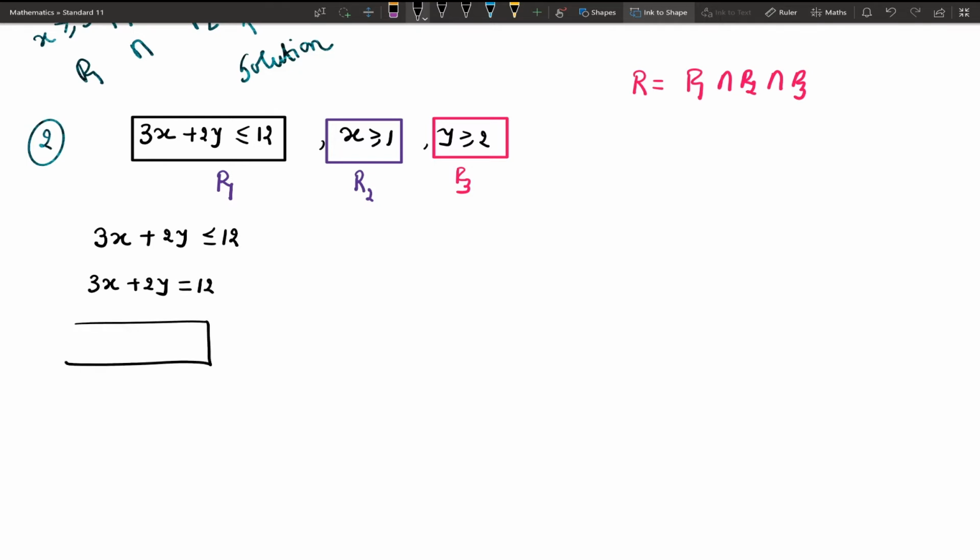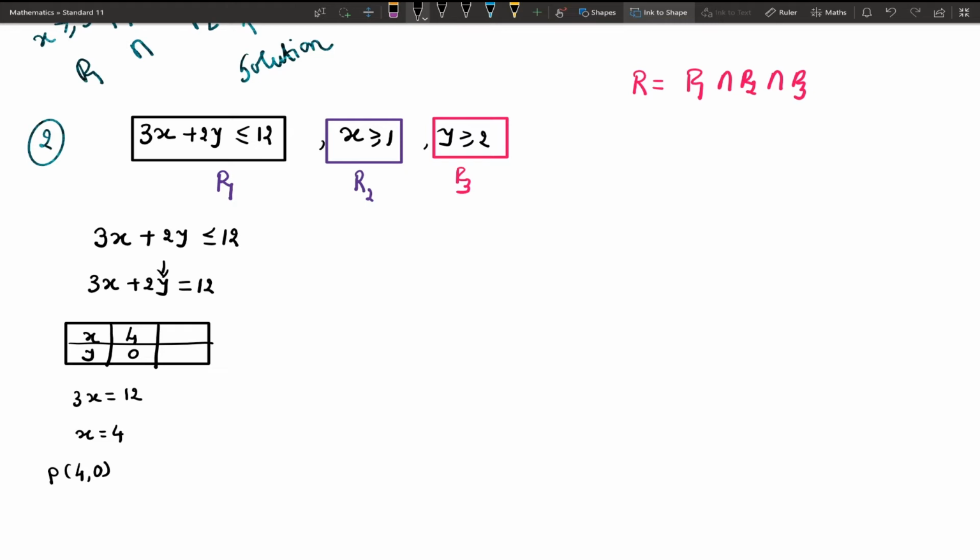We know how to draw this line. Two distinct points are required. For simplicity we take a point on the x-axis, where the y coordinate is 0. In the equation you put y equal to 0. So 3x equal to 12, so x will be 4.